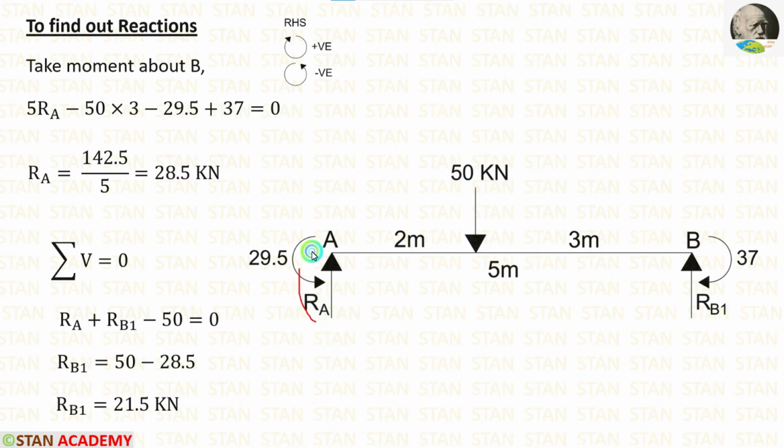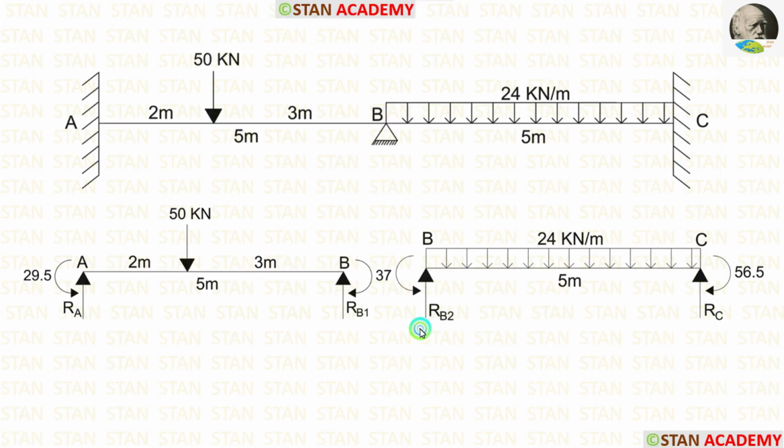The reactions RA and RB1 are acting upwards, so both of them will be positive. 50 kN is acting downwards, so it will be negative. We have already calculated RA 28.5, so instead of RA, let us apply 28.5. In this way, we can calculate RB1, which is equal to 21.5 kN.